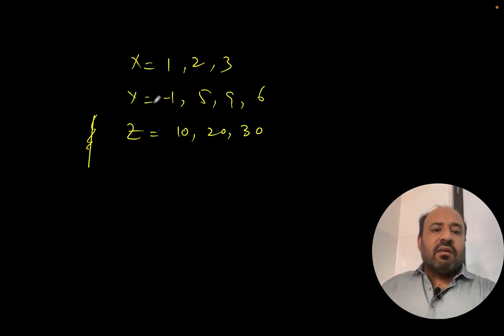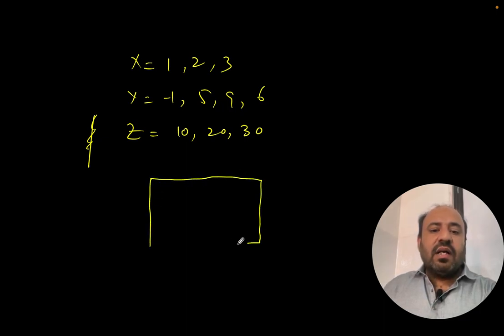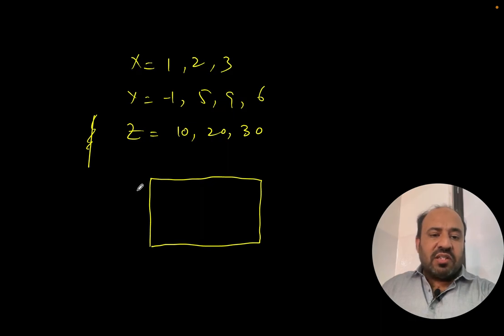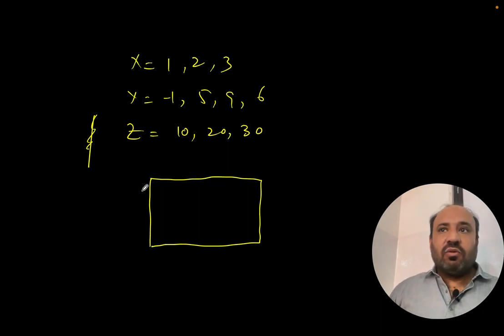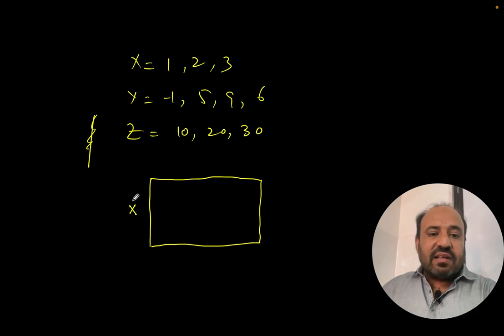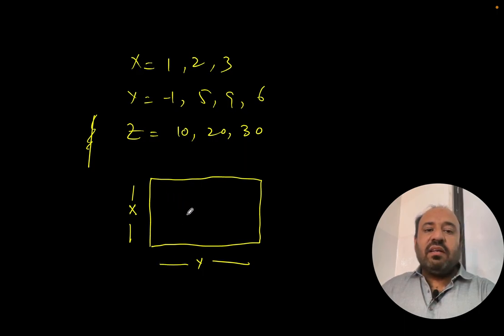For x and y, you will have a 3 by 4 matrix, depending upon whether you consider this as x or that as x. It may be 4 by 3 depending upon whether you take y here or x here. So if I take x here and y here, this becomes a 3 by 4 matrix.